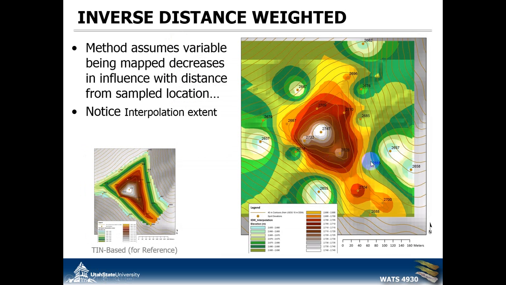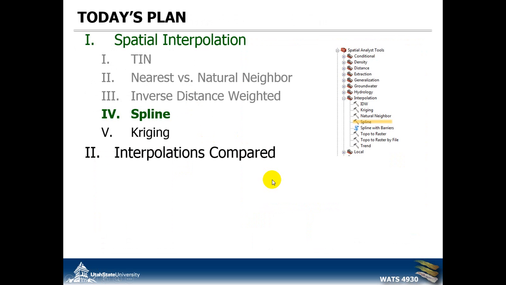I could get a very different looking thing, something that looked closer to our TIN interpolation, if I played with those knobs. But if I just use the defaults, this is what you get out of that. So next we'll talk about spline, and we'll move on.